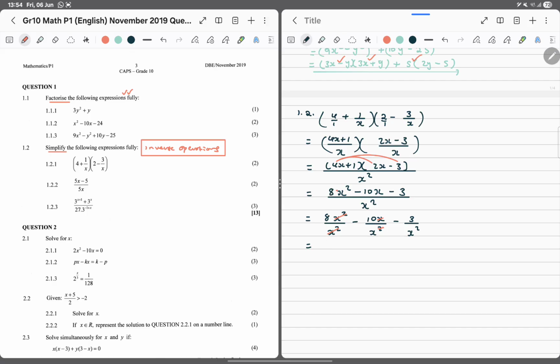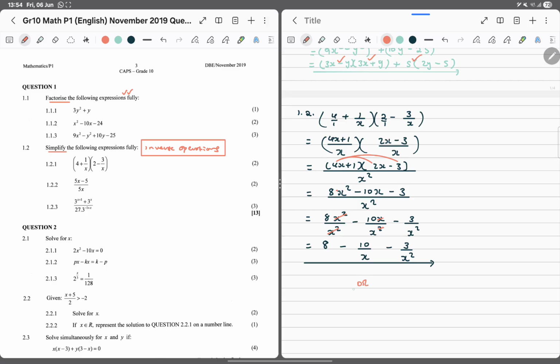So this is 8. So we end up with 8 minus, if we look here, it's going to be 10 over x minus 3 over x squared. Now at this stage, there's nothing more we can do. So I feel this has been done to the best of our knowledge.